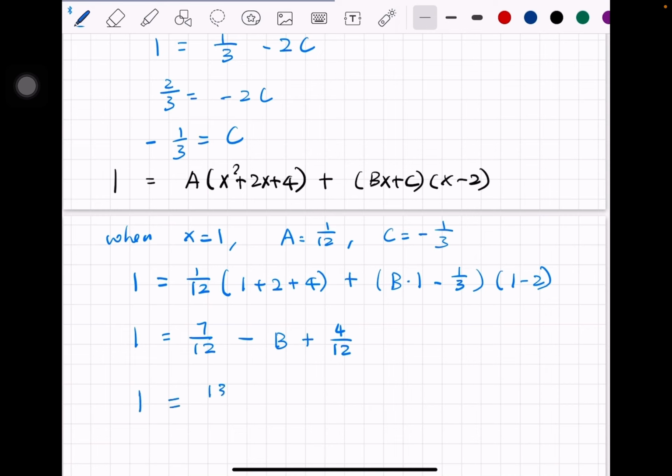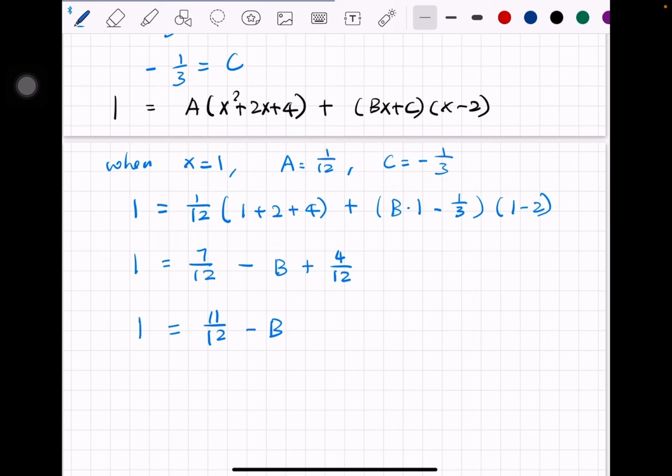And I got 1 equal to 11 over 12 minus b. So b is equal to negative 1/12. Now I've calculated my a, b, and c. I can plug everything back into my setup to find the antiderivative.